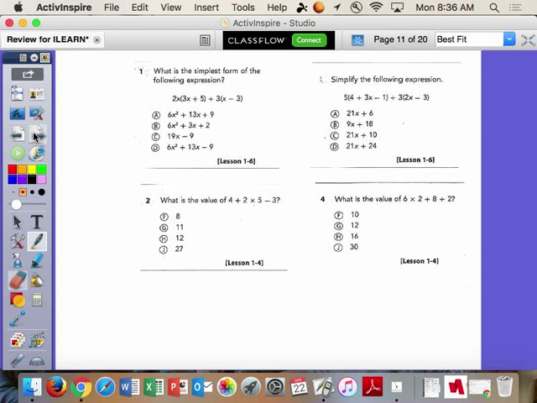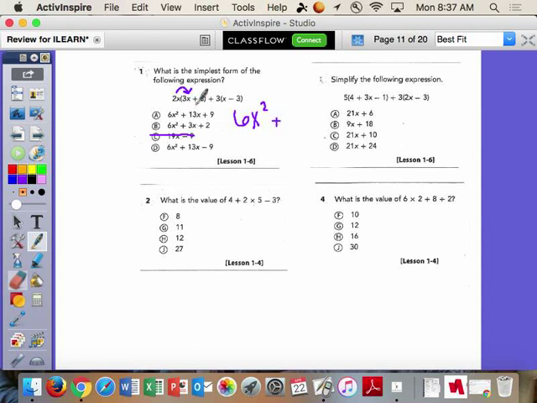Look at your next page. These are all distributive property. And we're combining like terms. So, ready? This is being multiplied by that. 2 times 3 is 6. X times x is actually x squared. Oh, look, that one's already up.